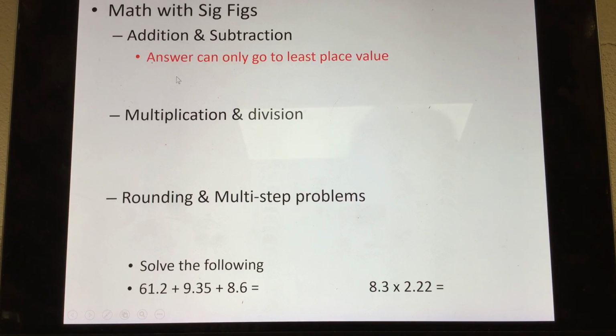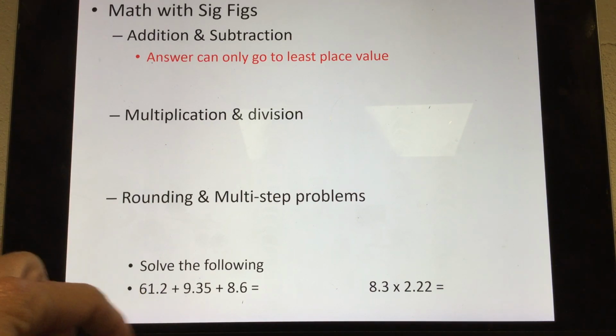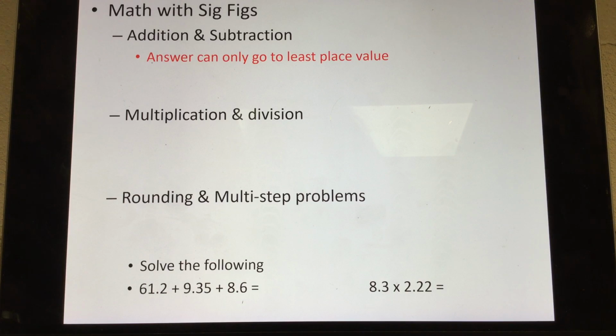So for addition and subtraction, the answer can only go to the least place value. So whatever number has the least place value, that's what we use to decide how far out to carry our answer to. So here with the number 25 plus 3.2, if you plug that into your calculator it's going to give you 28.2.